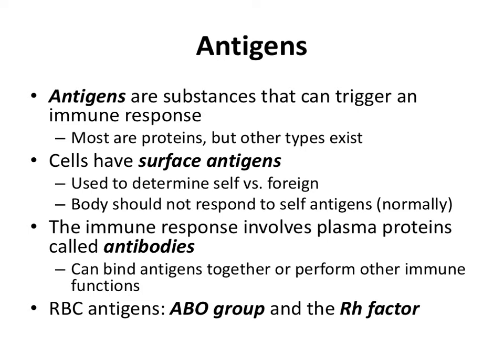When discussing blood cells, and specifically red blood cells, there are three antigens to look at. Two of them are genetically related and form what's called the ABO group. The other one is not genetically related to the other two. It's called the Rh factor.